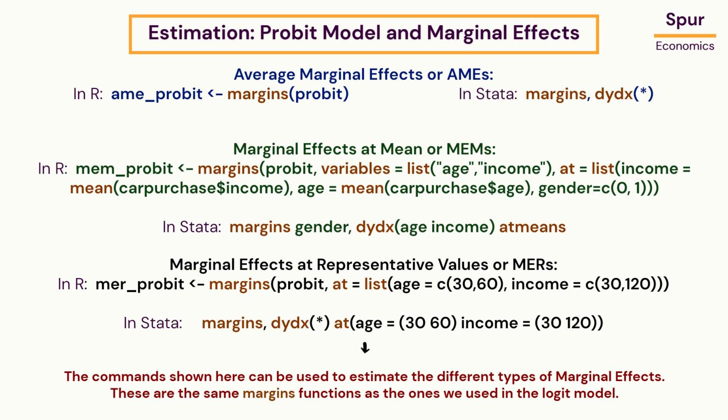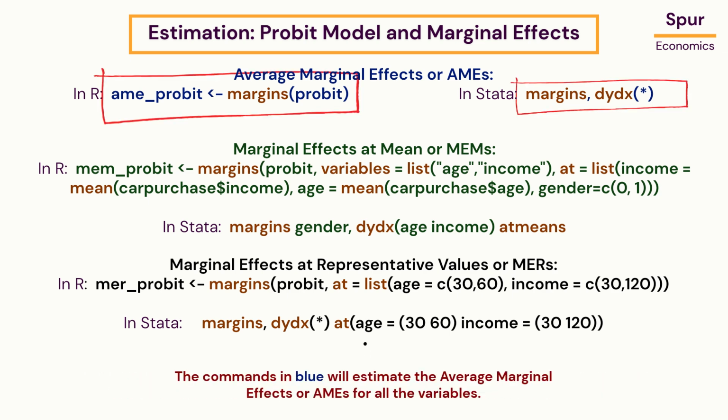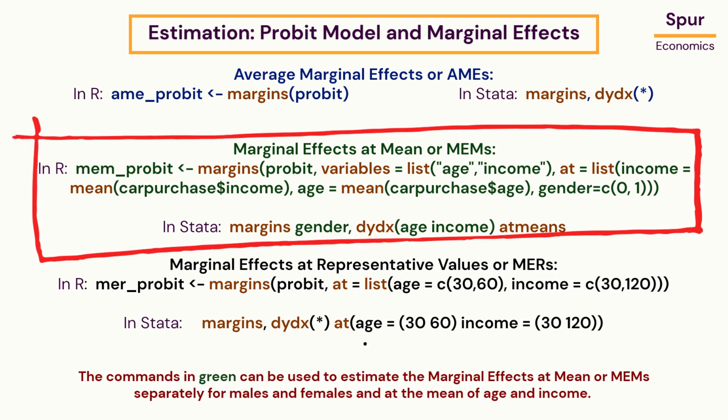These are the same margins functions as the ones we used in the Logit model. The commands in blue will estimate the average marginal effects or AMEs for all the variables. The commands in green can be used to estimate the marginal effects at mean or MEMs separately for males and females and at the mean of age and income.